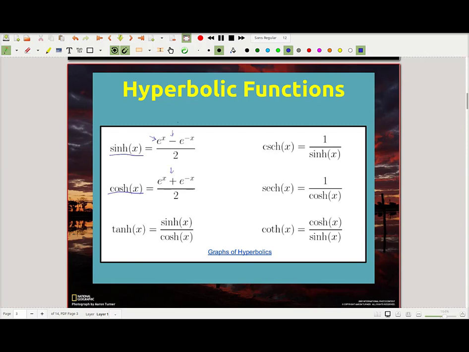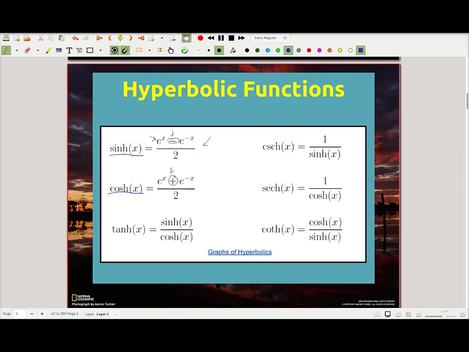If you need help remembering which is which, if you're subtracting, sinh has the possibility of being 0 because you're subtracting. Whereas with cosh, you're adding two positive numbers. e to the x and 1 over e to the x are both positive numbers, so that can never be 0. So cosh has the positive, sinh has the negative.